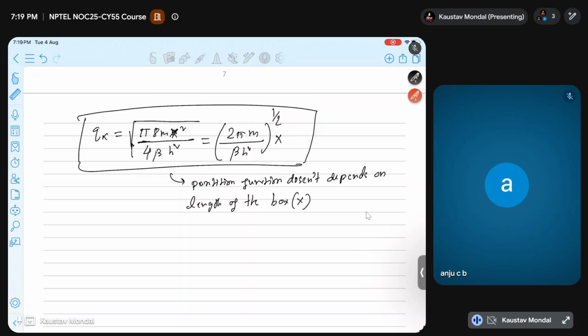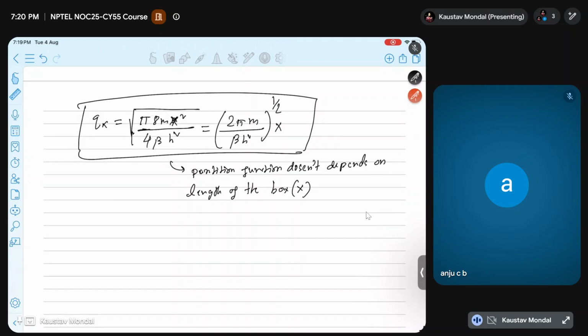So it doesn't depend on that particular length of x, and it depends only on the mass and the temperature.